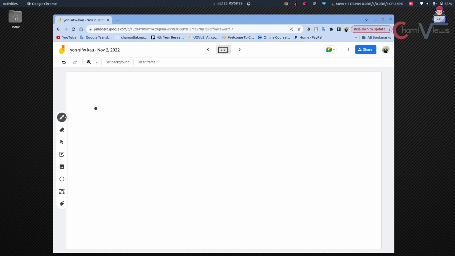You know about the factorial, right? What is the meaning of the factorial? Factorial 3 equals 3 multiplied by 2 multiplied by 1. Factorial 4 equals 4 multiplied by 3 multiplied by 2 multiplied by 1.